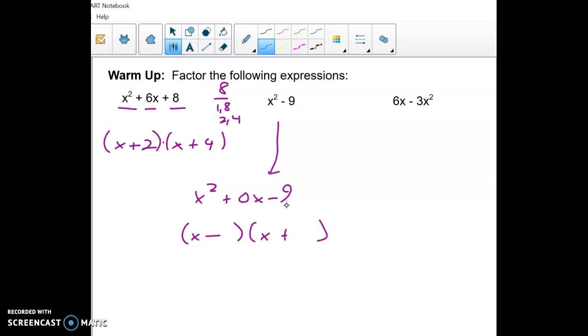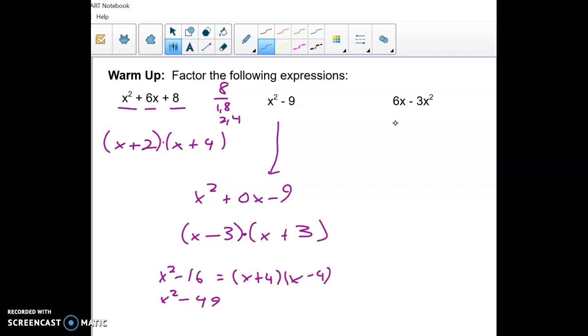That's the only way we'll multiply to a negative, and then we're just going to use the square root of 9, which is 3 and 3. In that case, by the way, it's called square minus square. Like if you have x squared minus 16 or x squared minus 49, any perfect squares, it's going to split. Like this one splits to minus 4 and plus 4, and this one would split to plus 7 and minus 7. So that's just the square minus square case.